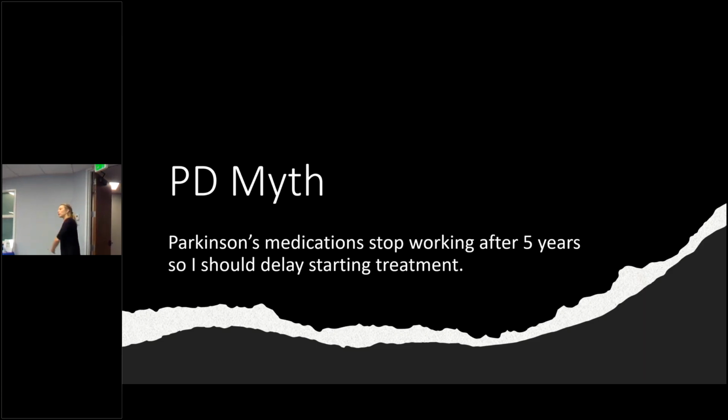It's not that my medicine doesn't work. It's that the disease has progressed, right? The dopamine deficit has gotten a lot bigger. And now my ability to replace it is limited by dyskinesias, side effects, hallucinations.